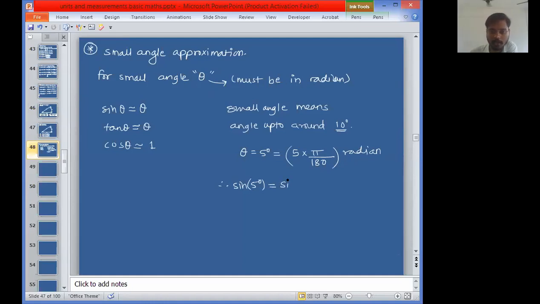Sine of 5 into pi by 180 equals sin theta equals theta if the angle is small. So the answer is 5 pi by 180. Reply in the chat box, is this clear to all of you for small angles?